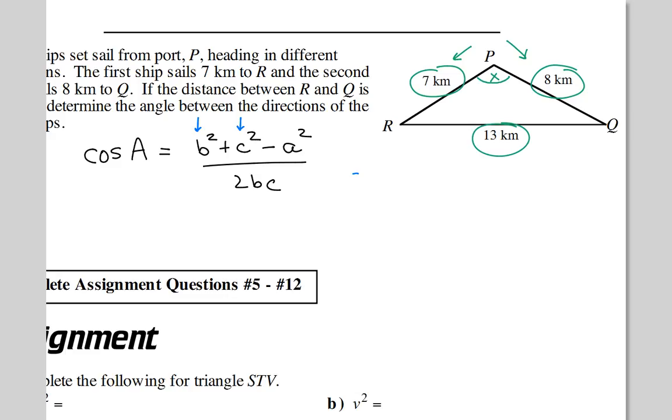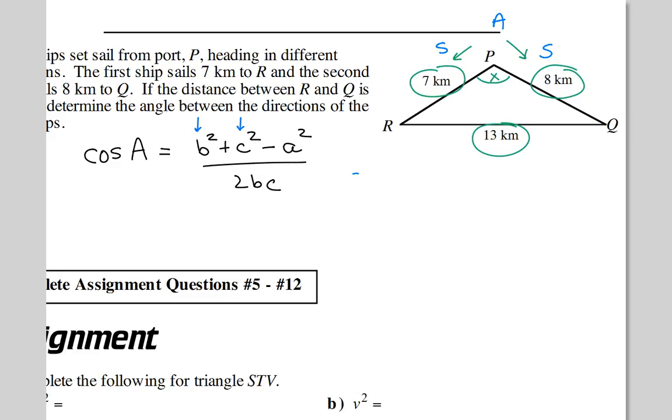Good, because they make up the side, the angle, and the side that we're interested in. We're interested in this angle here, so we use 7 and 8. If we wanted the angle at R, we'd use 7 and 13. If we wanted the angle at Q, we'd use 8 and 13. And then the negative side is the opposite one that you haven't used yet.